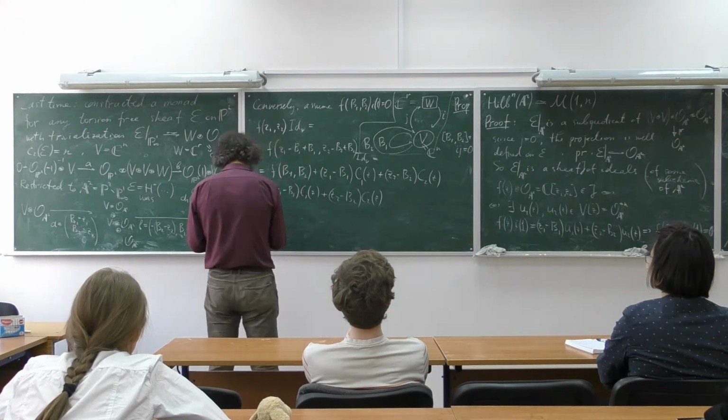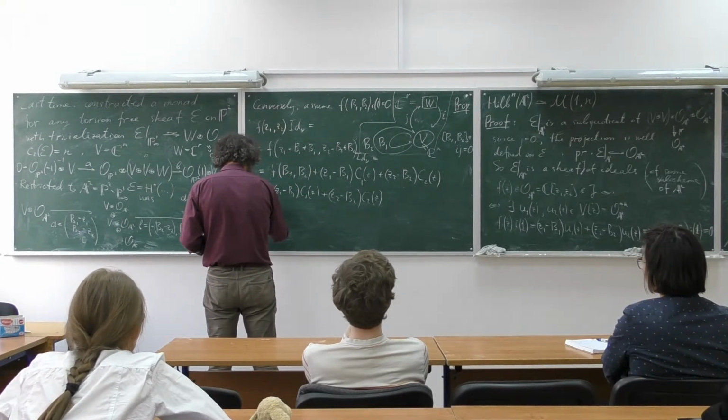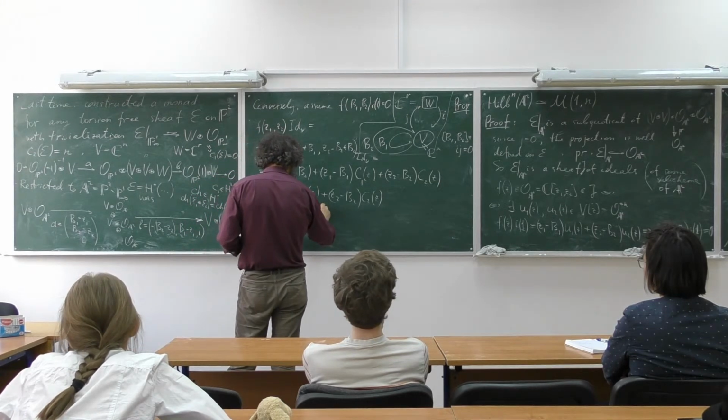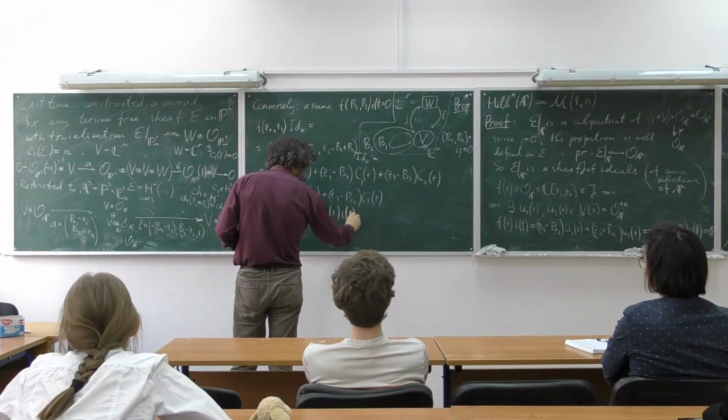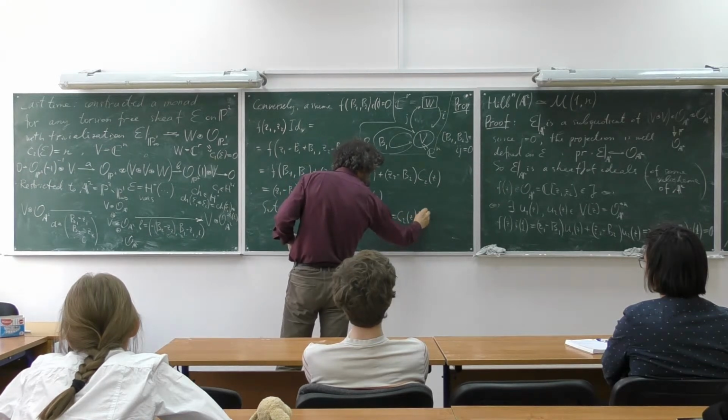Now let's set u1 of z is c1 of z applied to I of 1, u2 of z is c2 of z applied to I of 1.